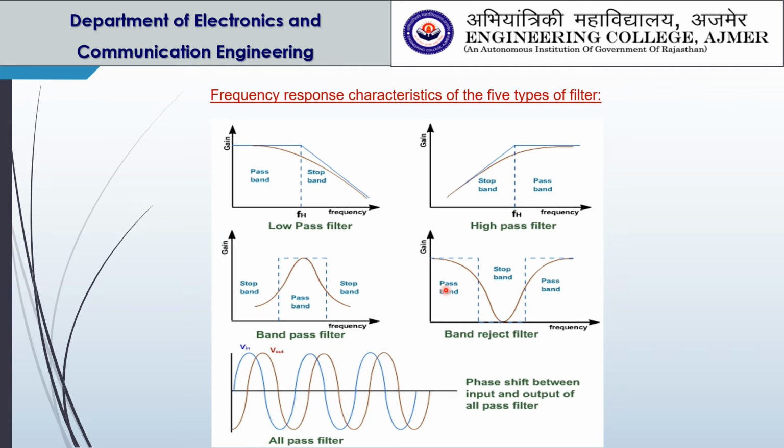Whereas an all pass filter passes all the frequencies, but it introduces a phase shift between the input and the output signal. So whenever we need to introduce a phase shift in a signal, we pass it through an all pass filter.